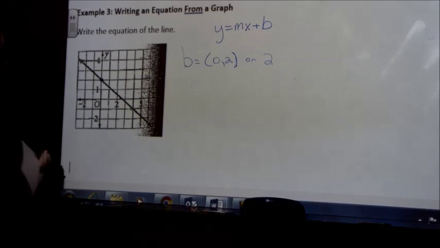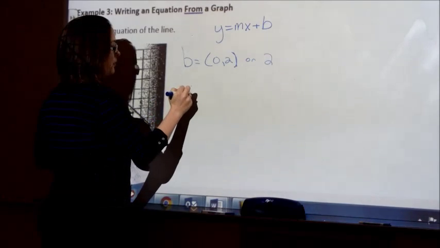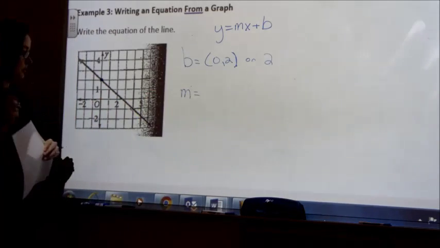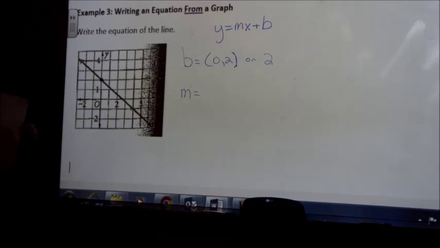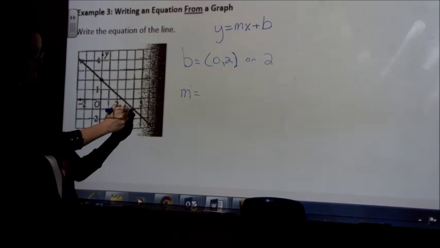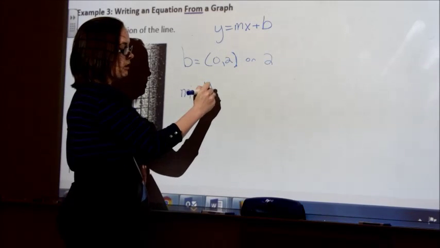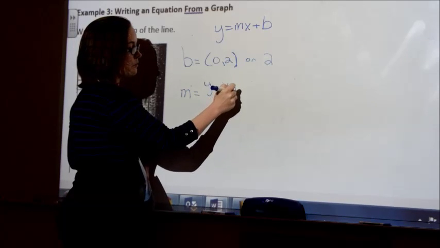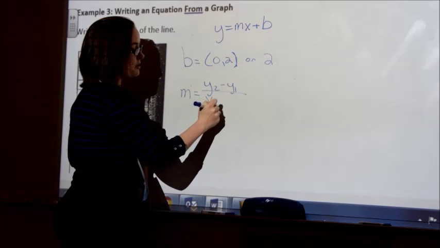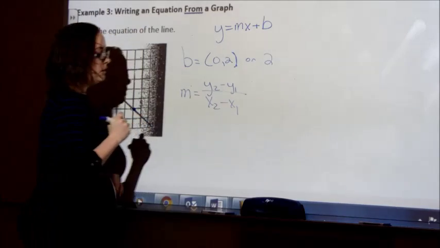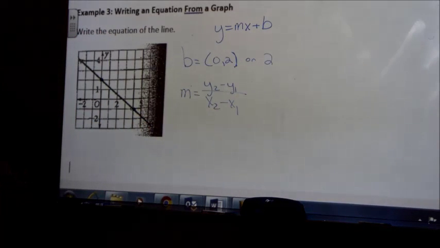But now we have to find m. And there's a couple of different ways that we could find m. In this case, we're going to find one other point on our graph, and I think the easiest point to find is here. And we're going to use the formula we learned in our last section, y2 minus y1 over x2 minus x1. And we're going to use that to find m. That's our slope.